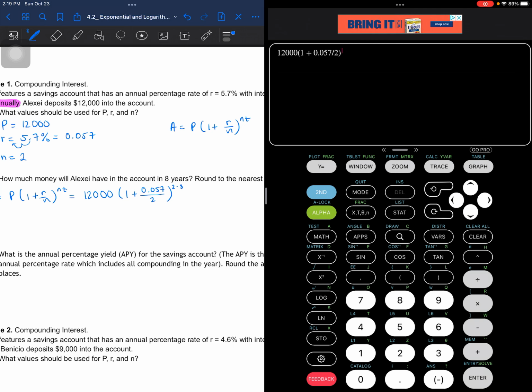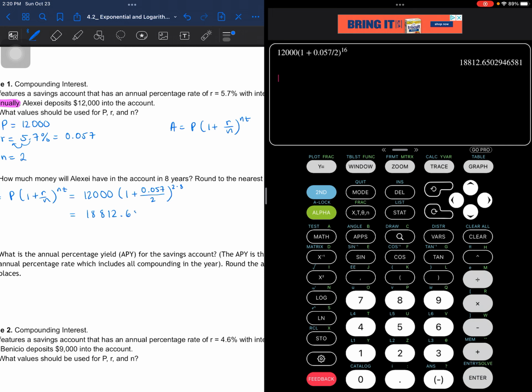As long as the product is still there in the exponent, then you can. Some calculators won't allow you to do that, so you may want to just type in 16 and then enter.